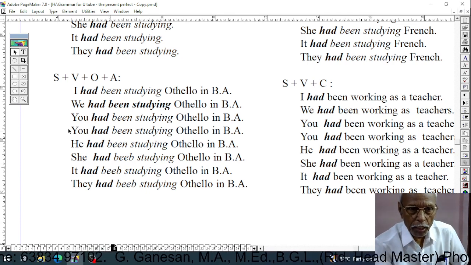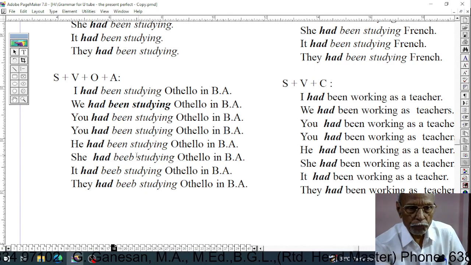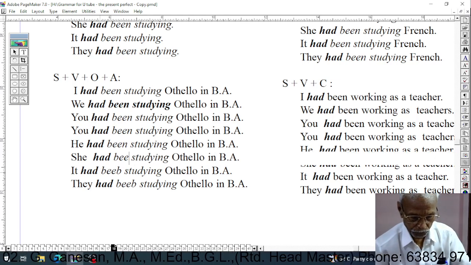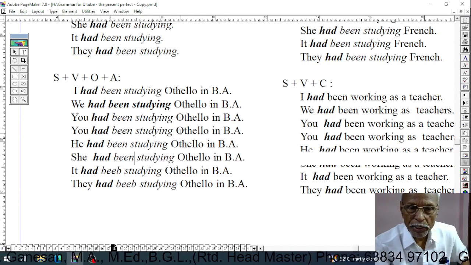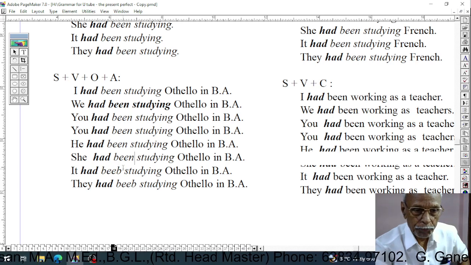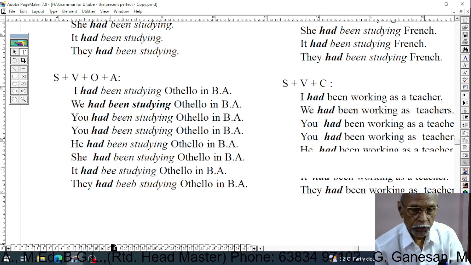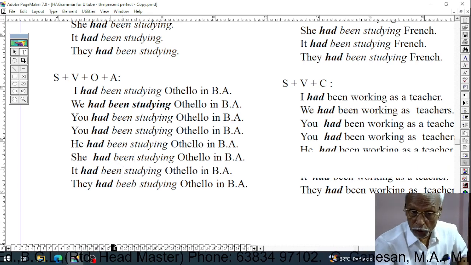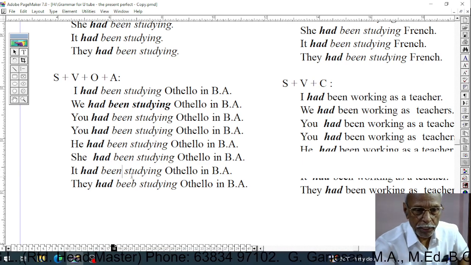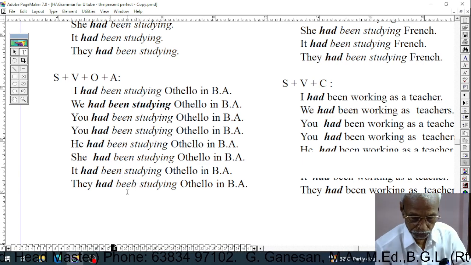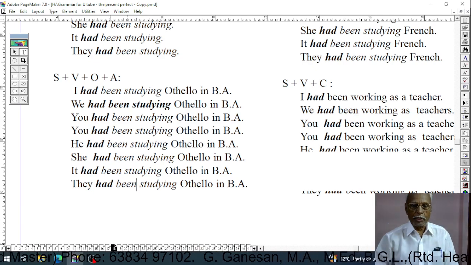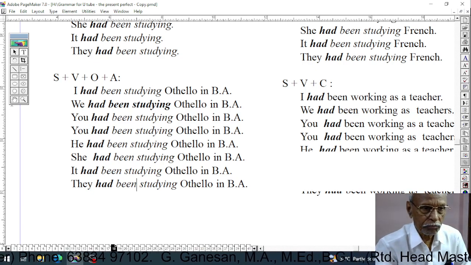She had been studying Othello in BA. It had been studying Othello in BA. They had been studying Othello in BA.